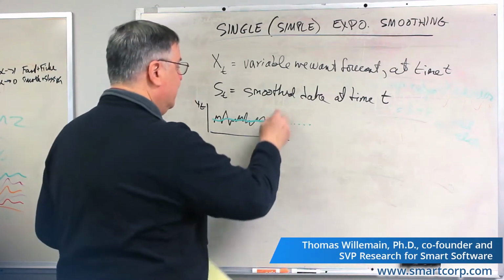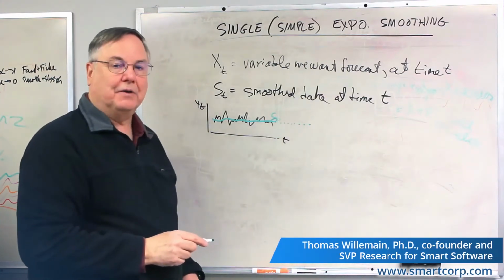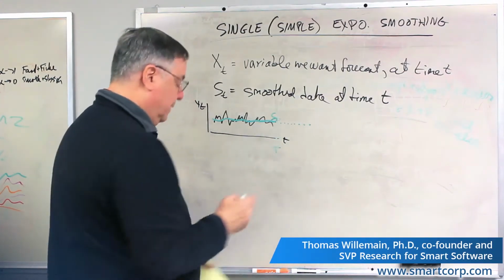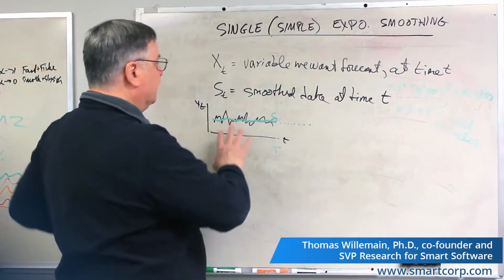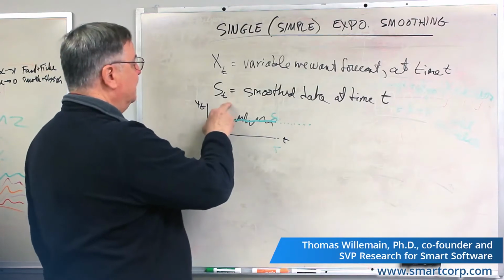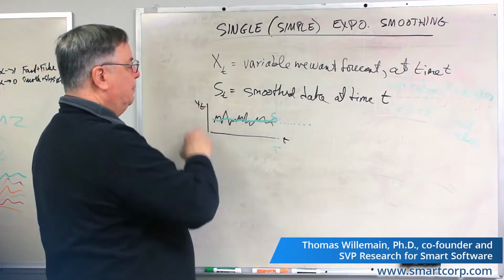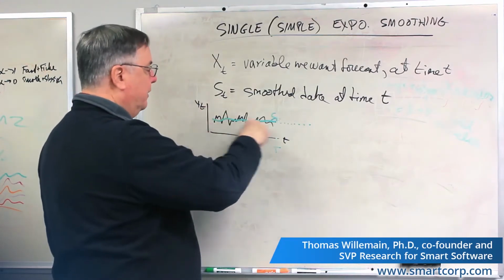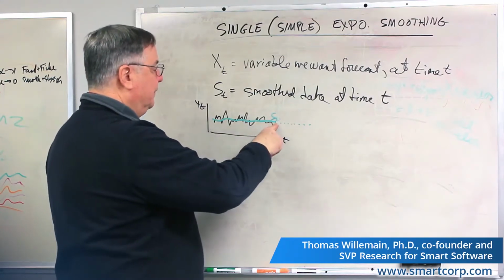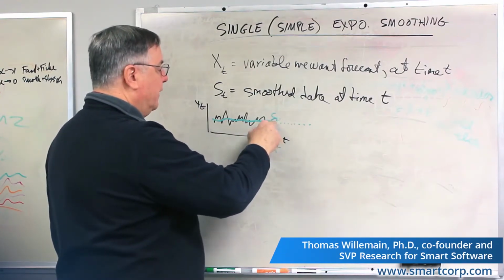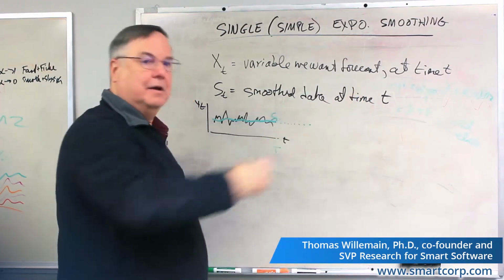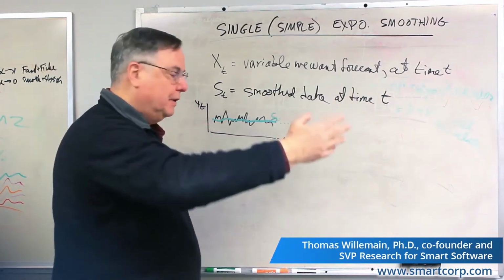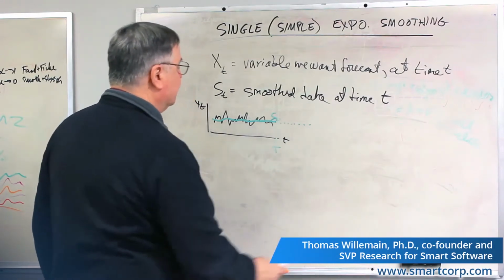So the key thing is, where is S at the final time, which we'll call capital T. So that's the picture. Now we need the equation for how we compute the smooth value, because we'll go through here and keep computing these, and at the final data point, that will be the launching pad for our forecast. That'll be the level we'll use to predict for the future.